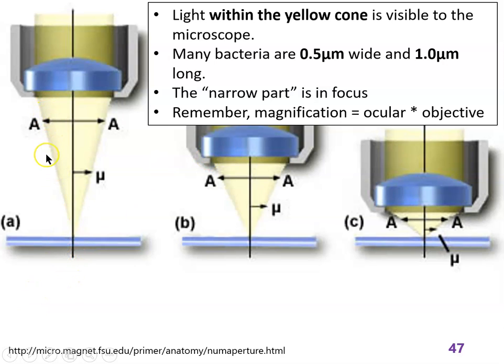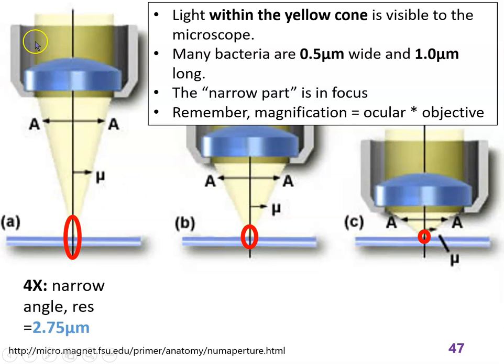Any light in this cone goes into the microscope. So let's remember bacteria tend to be half a micrometer wide and 1 micrometer long, roughly. This red oval is what's in focus for these different lenses. And let's get into it.